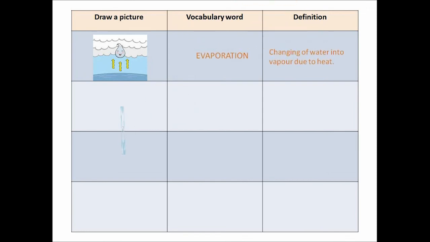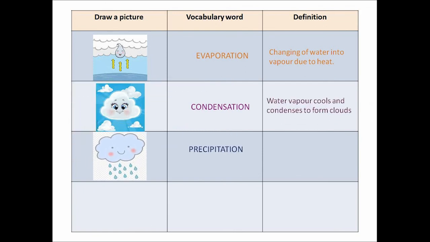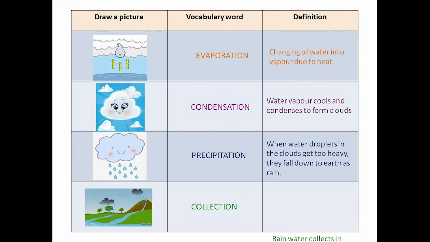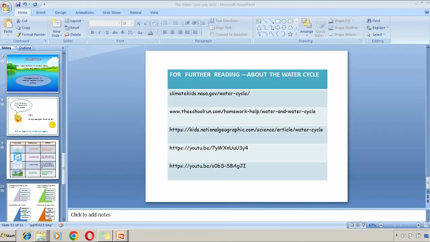As we click the mouse, the picture appears and then the vocabulary word and the definition. Last slide in a PowerPoint presentation can be additional resources like I have done in this slide.